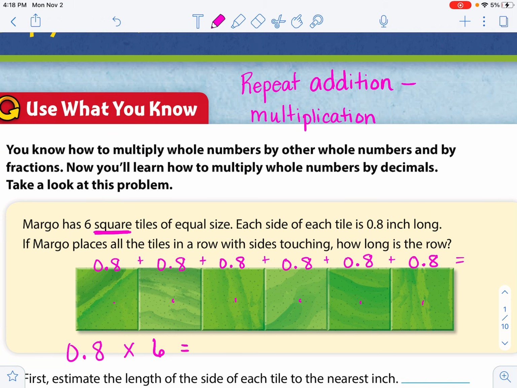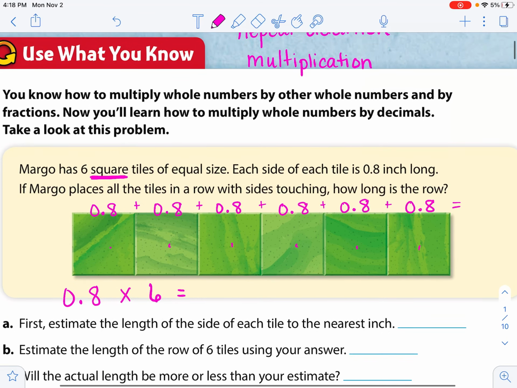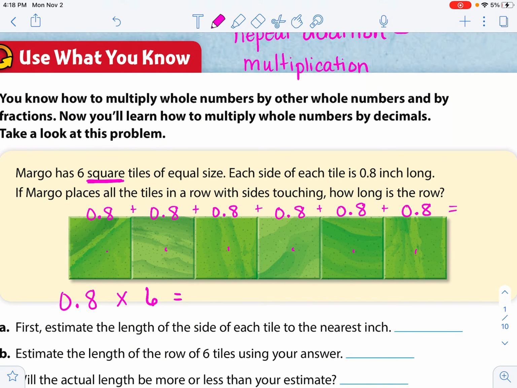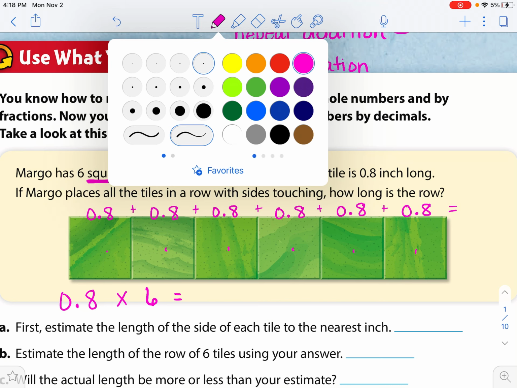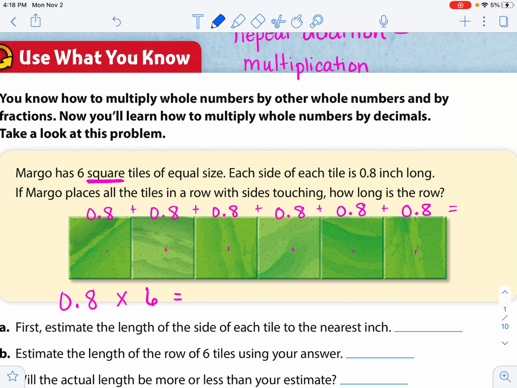But let's use some common sense first and look at question A. In order to make sure that we understand what we're doing and we're doing it correctly, they said, why don't you go ahead and estimate? Why don't you estimate to make sure your answer is going to be correct? If you look at the length of this tile and it is 8/10, what would you round that tile to if you were going to round it to the nearest inch, meaning the nearest whole inch?